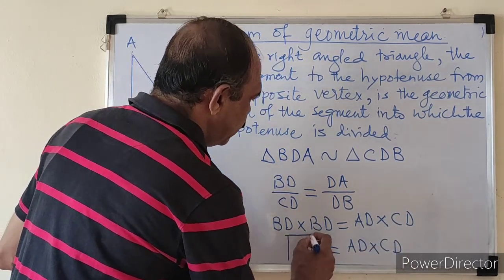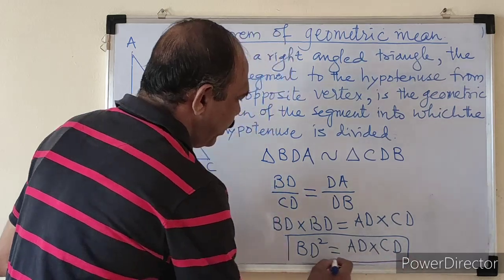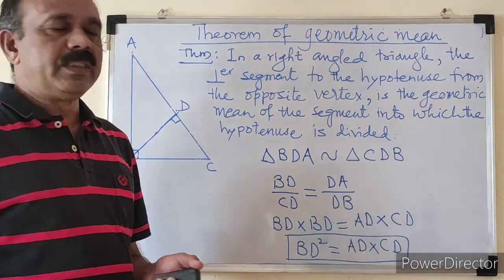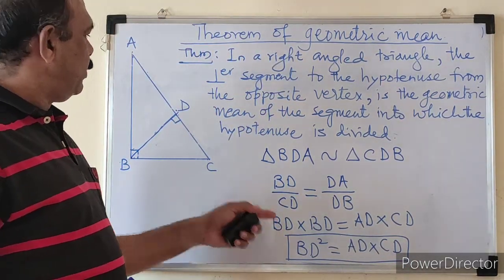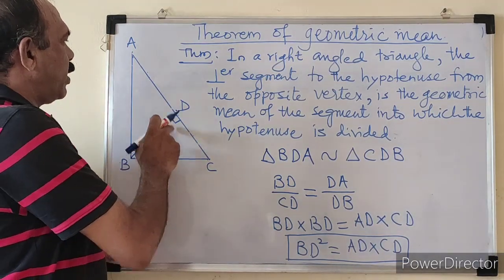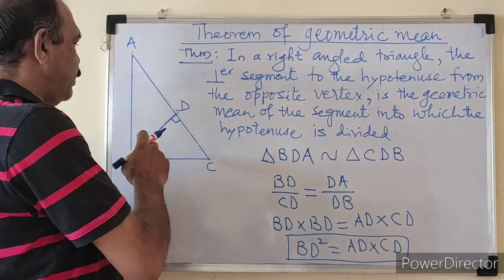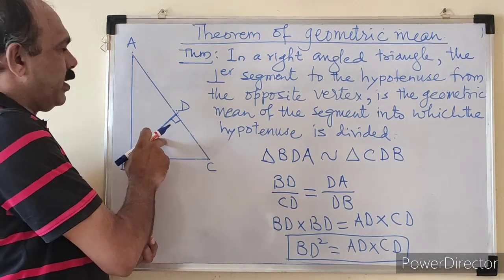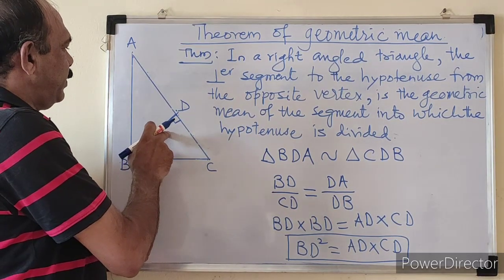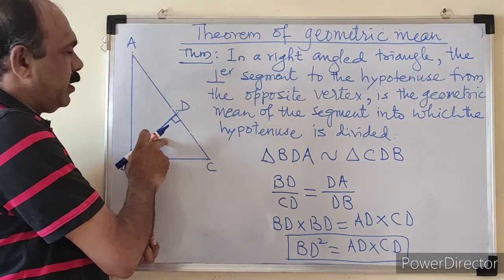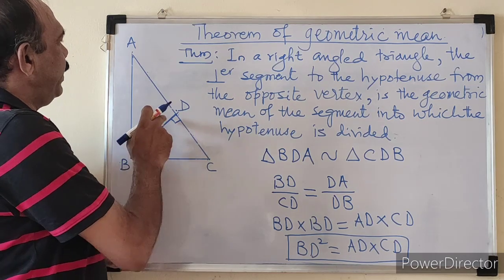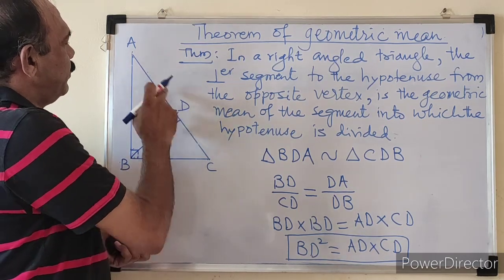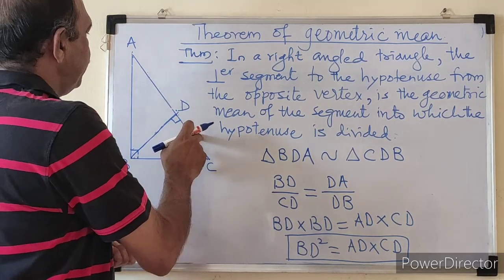So this is the geometric mean, that is the perpendicular drawn on the hypotenuse. So the length of that segment, if you take the square of that segment, is equal to the product of the parts of the hypotenuse.